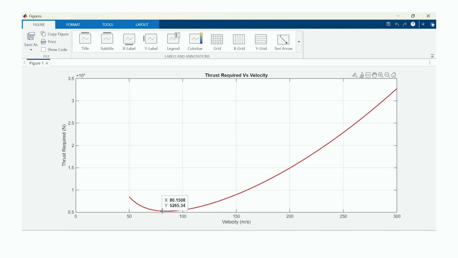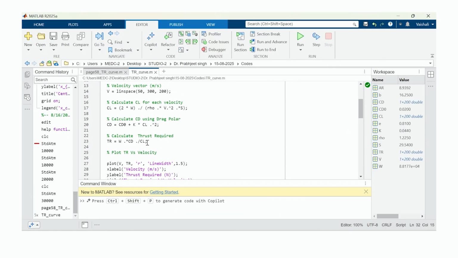Okay, fine. Let me write here: velocity at which thrust required is minimum. All right, now let me write here velocity underscore TR minimum so that it makes sense, equals to we have square root, sqrt.